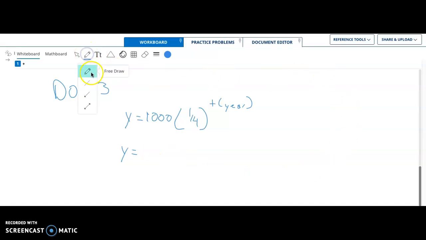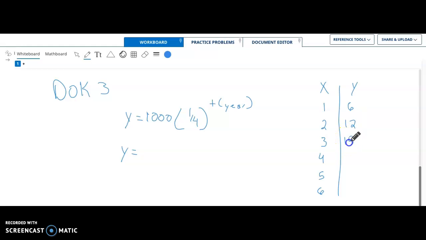So if we were to write out the table just so we can see it. Okay, so each week, 1, 2, 3, 4, 5, 6. And then each week, 6 teams sign up. So this is 6 plus 12 plus 18 plus 24, and then 30, and then 36.